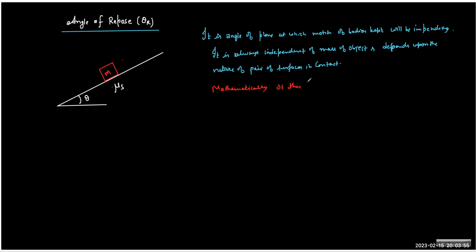At this angle, static friction reaches its limiting value, which means Fs is always equal to Fs max whenever there is the angle of repose. So that is the beauty: whenever there is the angle of repose, it will always become limiting friction.